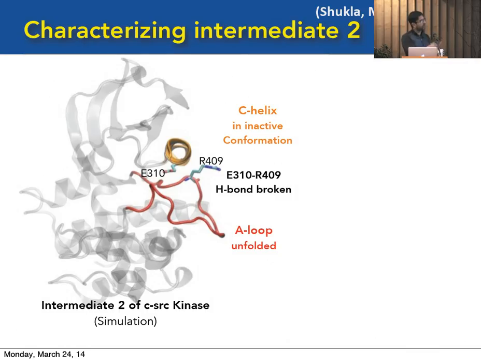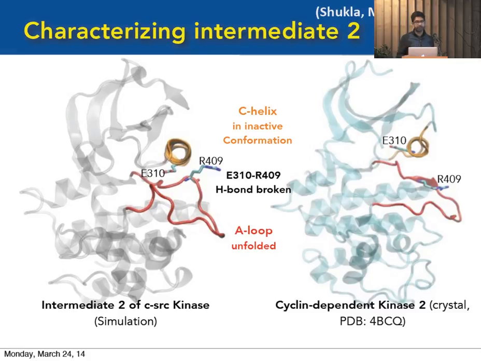Okay, so we can run the simulations and make some intriguing hypotheses, but the next step is to try to make connections to experiments, and that's something that's still ongoing. But in the case of this particular kinase, one thing that was cute is that Diwakar Shukla, the postdoc who's really driving this work, compared his intermediate structure to a structure of a related kinase from the PDB, where this related kinase has a drug already bound to it.